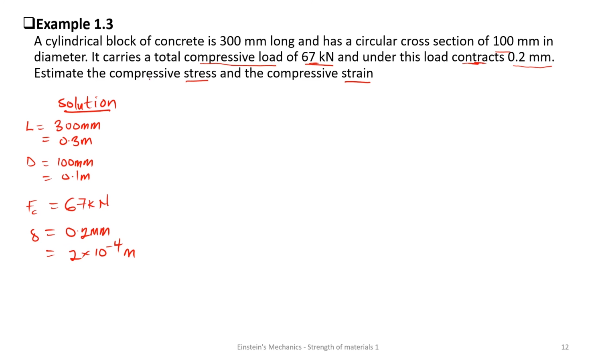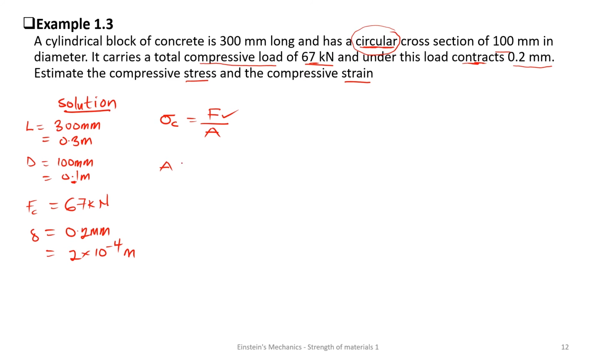We have to estimate the compressive stress, which is very simple. My compressive stress will be my force over my area. I know my force, but I don't know my area. But I have the diameter here. Since it was a cylindrical block, it has a circular cross section. Remember, the cross section the force was acting on was a circle.